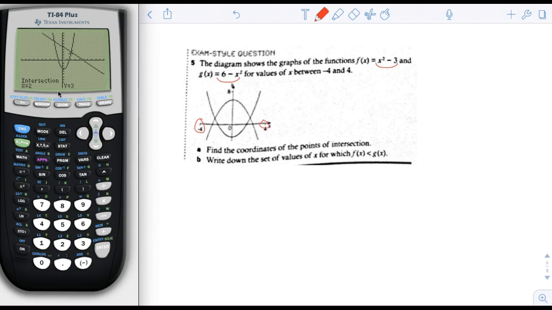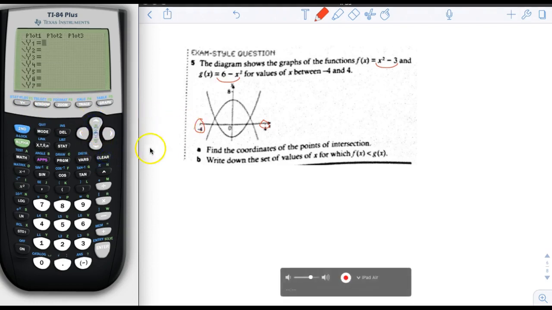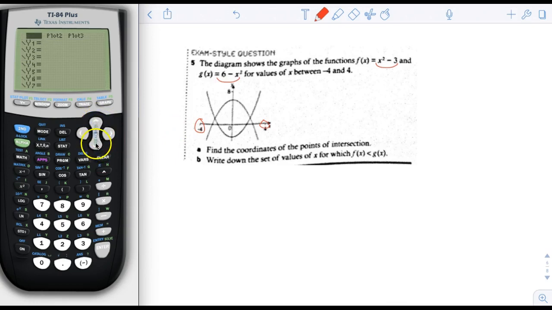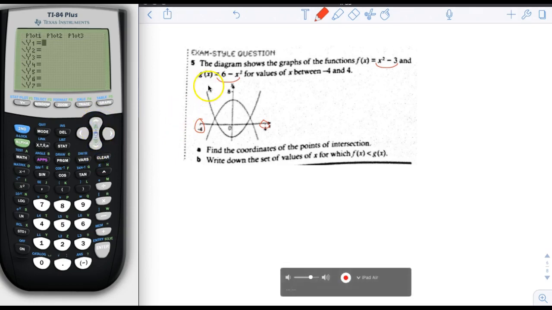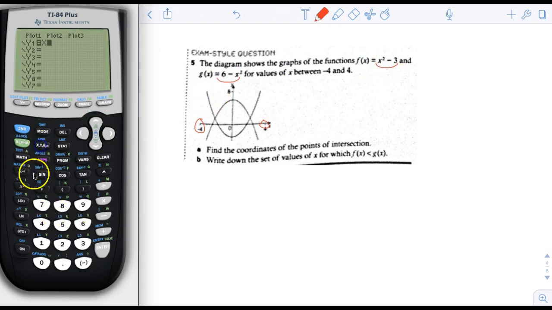Okay, so again, this is pretty easy. You go to y equals. For the first function, we're going to put x squared minus 3.